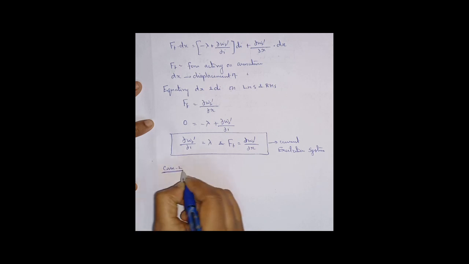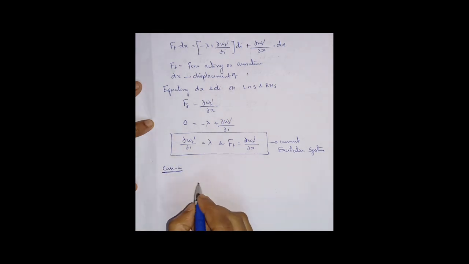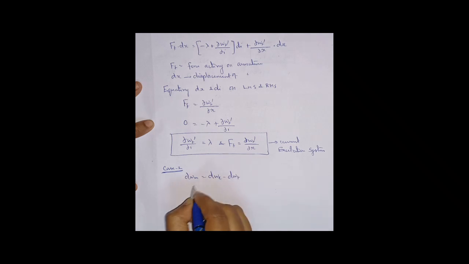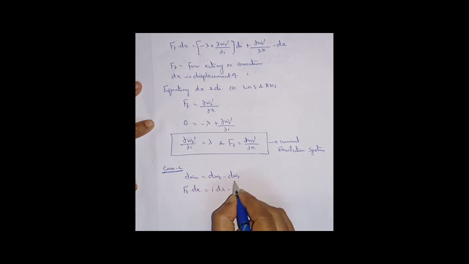Okay, case 2, here itself, if you express in terms of field energy, same, dWm is equal to dWe minus dWf, correct? dWm is nothing but Ff dot dx is equal to dWe, which is nothing but i d lambda, like we did before, differentiation of Wf, which is the function of field energy, correct?